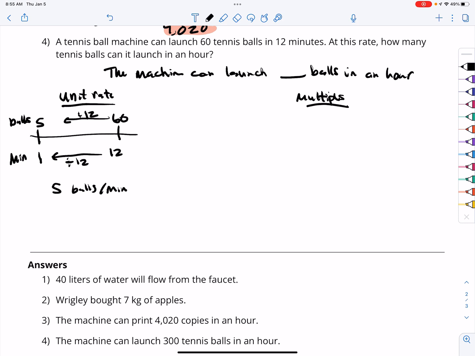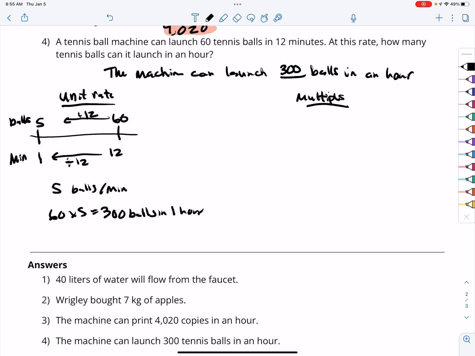And if we need to do 60 minutes, we are going to have to do 60 times 5, which is 300 balls in 1 hour. So that's calculating our unit rate. We had to do some division.